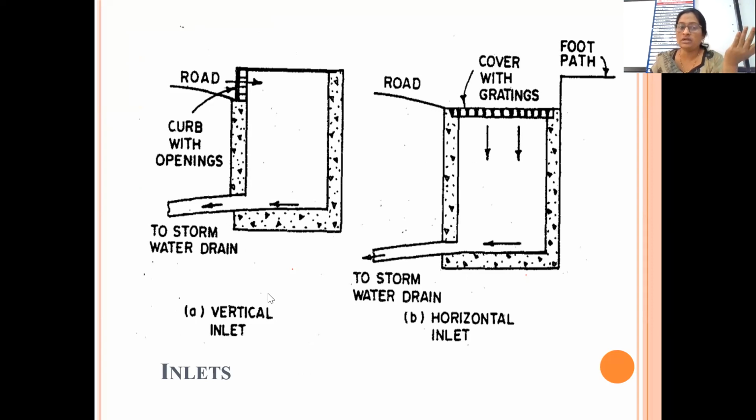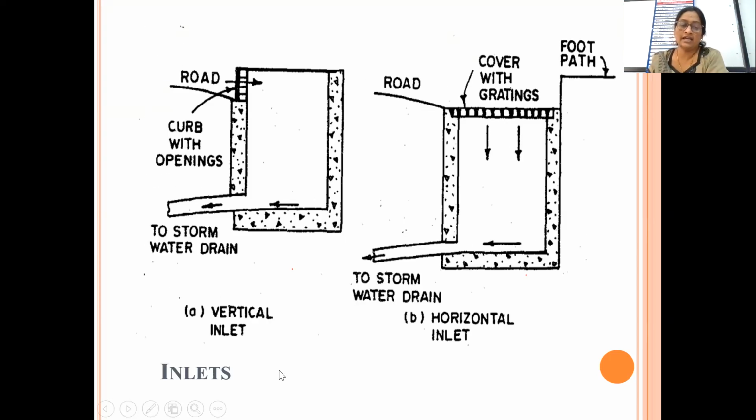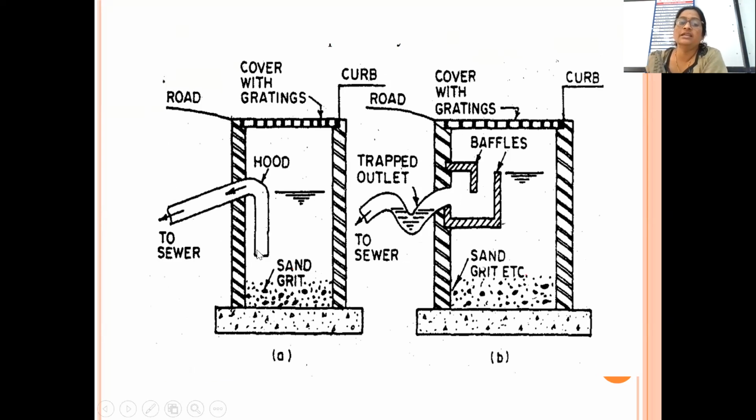But during dry weather flow, when there is no water in this chamber, what will happen? A foul smell from the sewer line will start escaping in a reverse direction into the society, and an unhygienic environment will be created. That problem can be overcome by constructing catch basins.